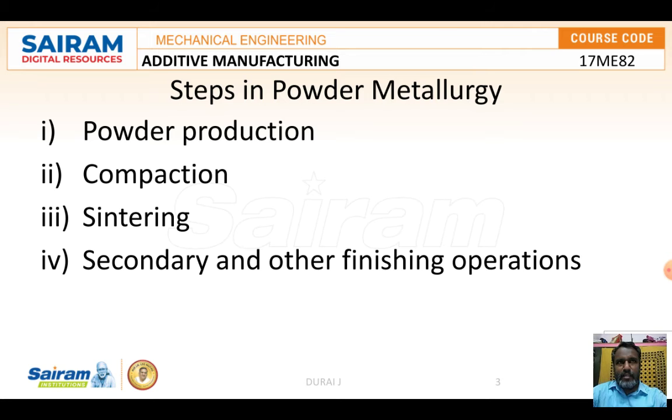Mainly the operations include repressing, grinding, plating, and resintering. So these are all the steps involved in the powder metallurgy process. First powder production, second compaction, third sintering, and finally secondary and other finishing operations.